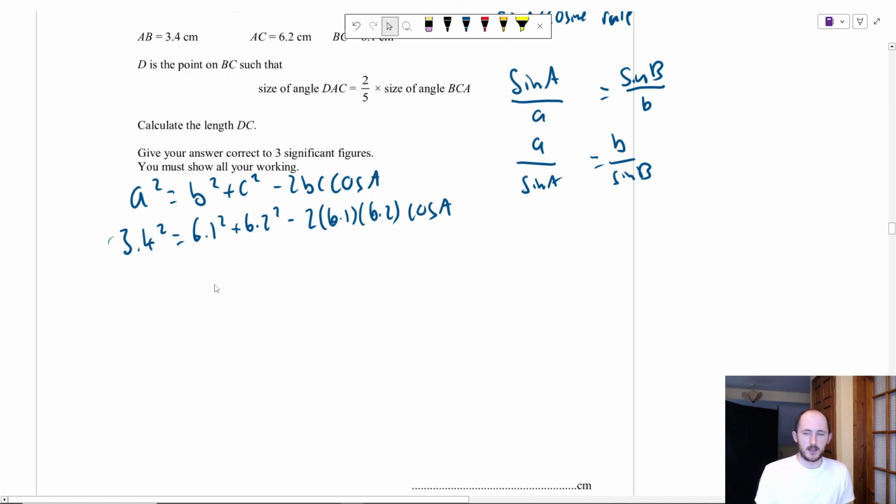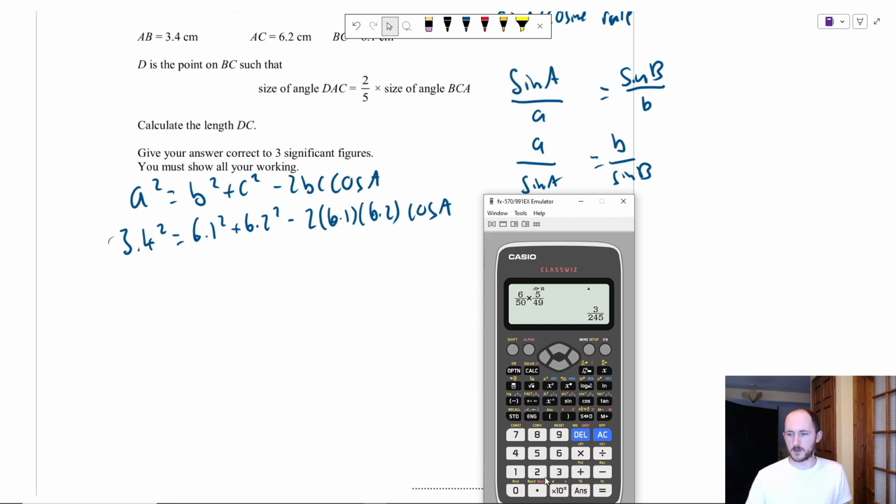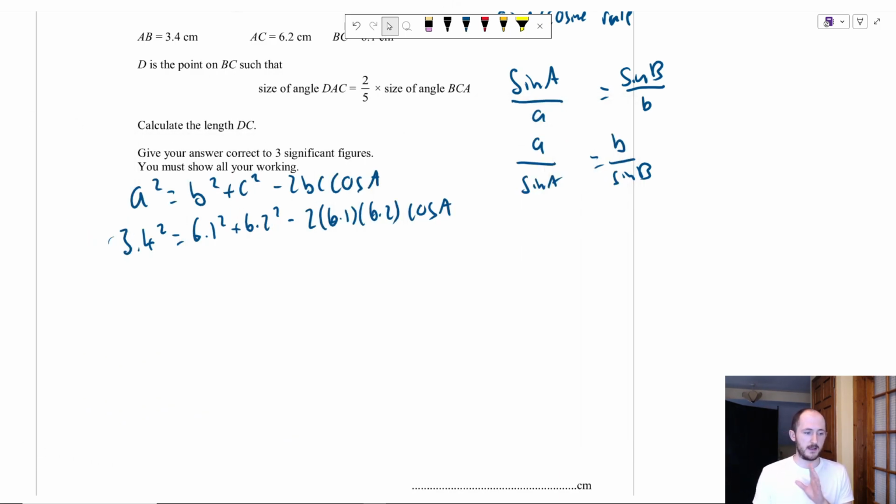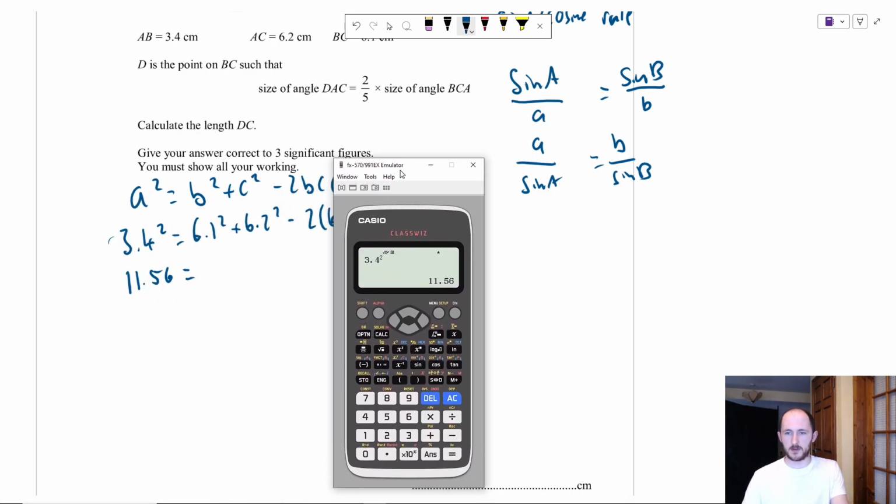Cool. So, if I rearrange this... Okay, you know what? Let's work out these values. No worries. So 3.4 squared, let's work out what that is. Personally, I would rearrange it first, but just for those of you that are a bit unsure of rearranging, I'm going to do it a bit more carefully, okay? And then we're going to work out what 6.1 squared plus 6.2 squared is.